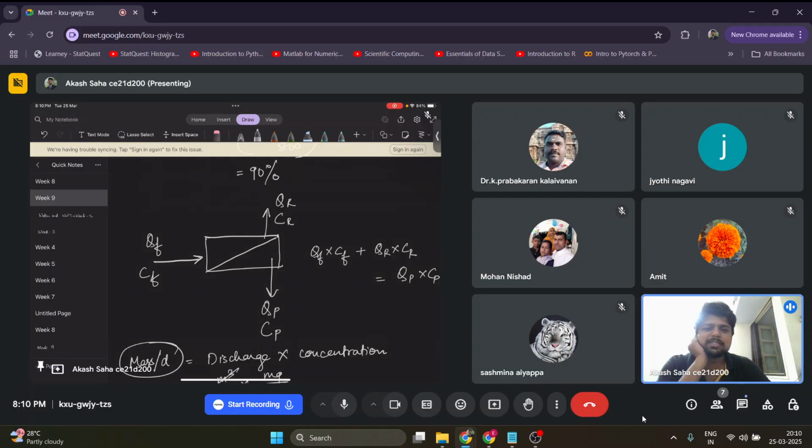Is this right, or is there some mistake? The total mass is conserved. Now tell me whether this equation is right or wrong.